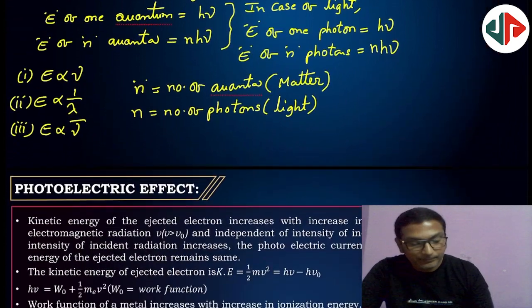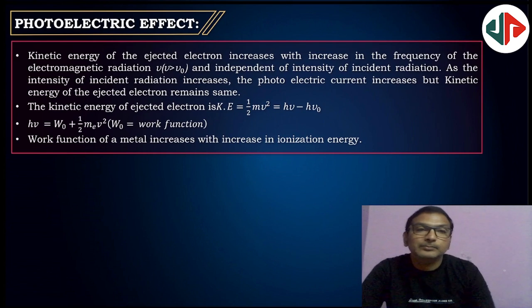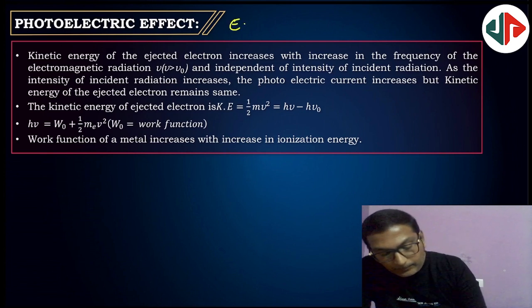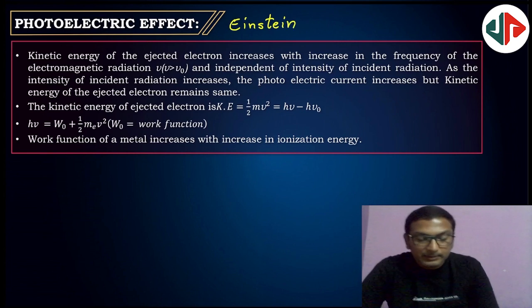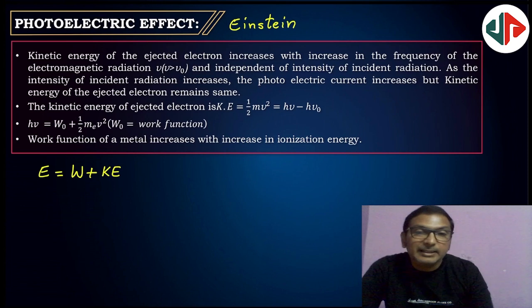Next topic, photoelectric effect. It was successfully explained by Einstein. Here three types of energies will be there. Energy of incident radiation, energy absorbed by metal, and energy supplied to electron as kinetic energy.